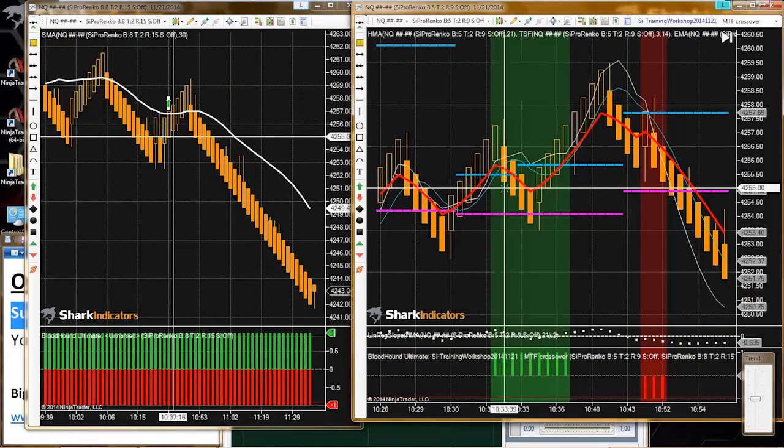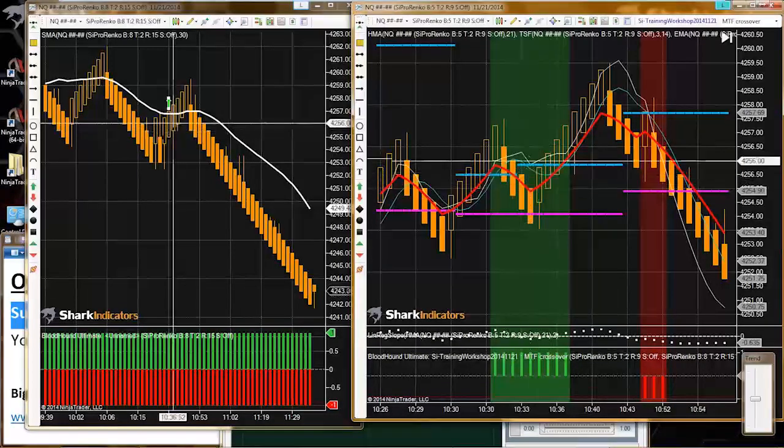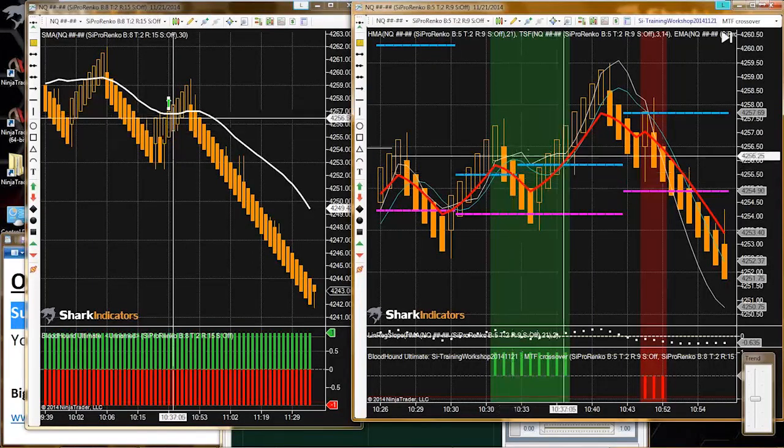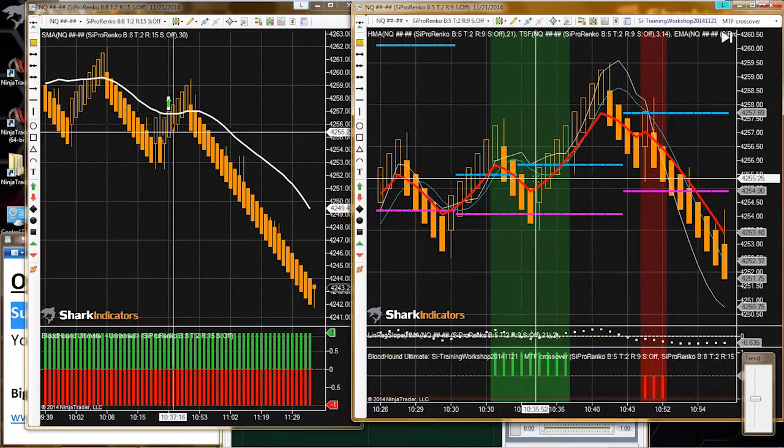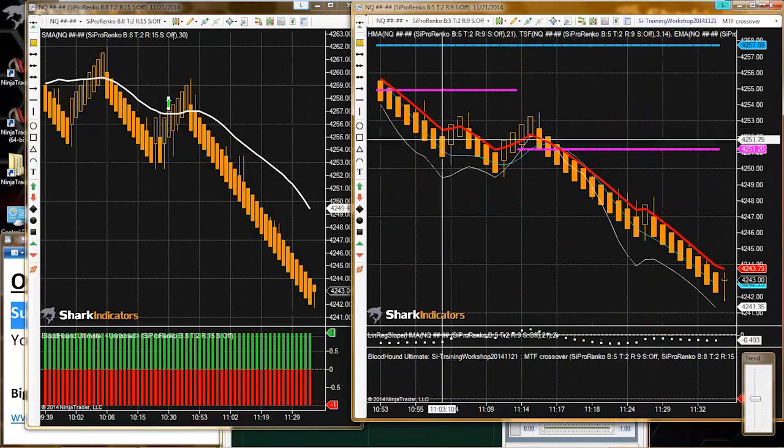Tick charts and volume charts are a little easier to work with because tick charts have a fixed number of ticks, so you can control it. You can set your default chart, your lower time frame, to a 100 tick chart, and you can set your higher time frame to a 200 tick chart, right?